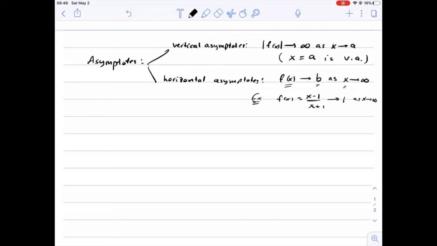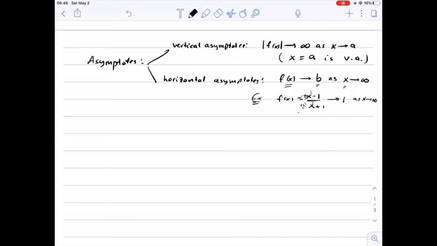Now, how to find this? We can think of this by looking at the numerator and denominator, and if they have the same power or the same degree, then we just divide the leading coefficient of the numerator by the leading coefficient of the denominator.